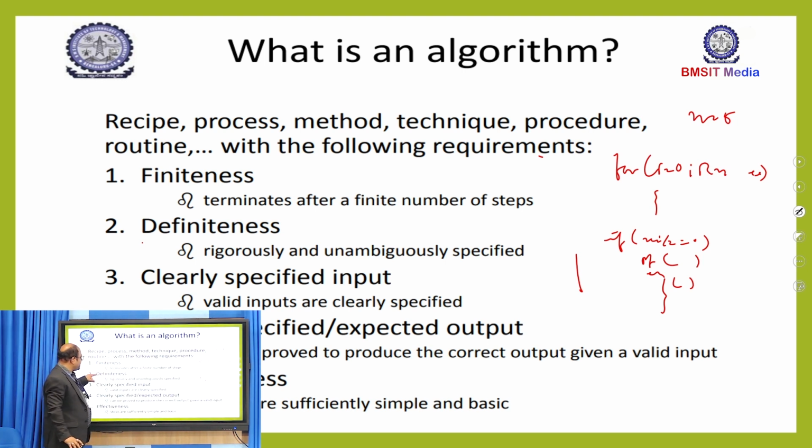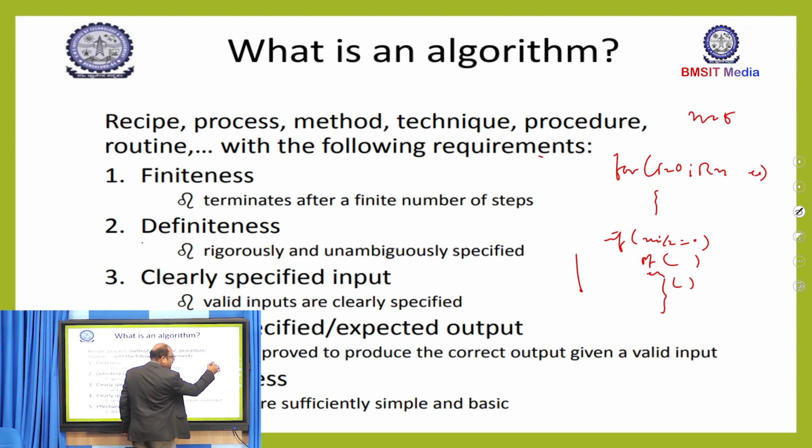Definiteness means rigorously and unambiguously specified. I specify this loop to execute a specified number of times, 5 times, and what it has to do is find whether my number is even or odd.